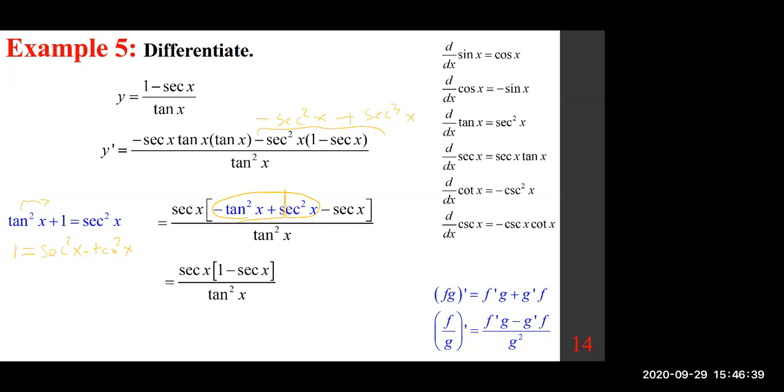If you want to get rid of secant and tangent and go to sine and cosine, you can. Secant is 1 over cosine, tangent is sine over cosine, but it doesn't get any simpler, okay, class? But that can be done. Sometimes there are ways to make it more simplified.